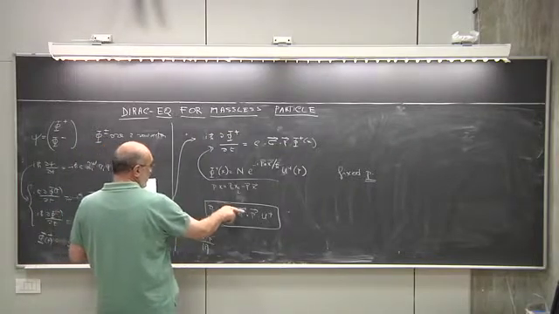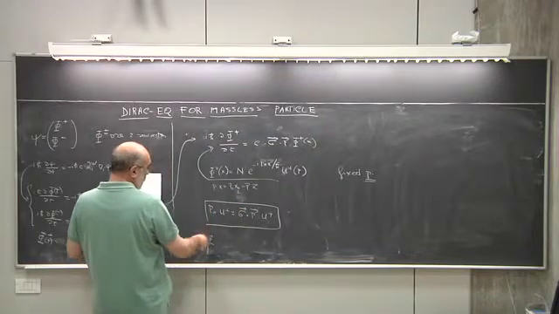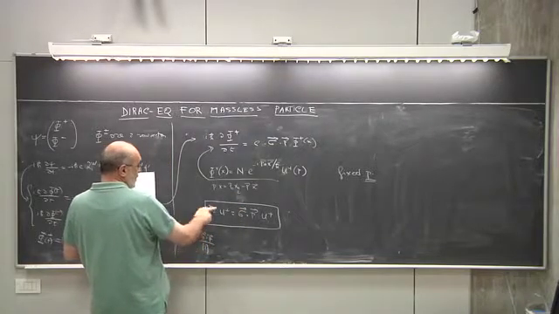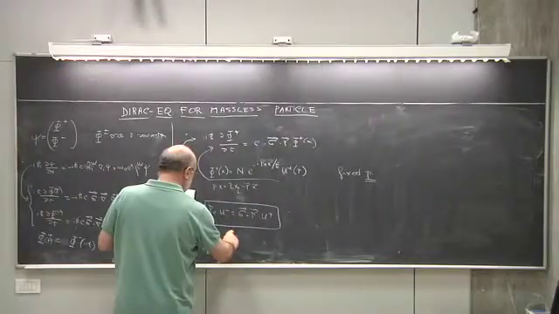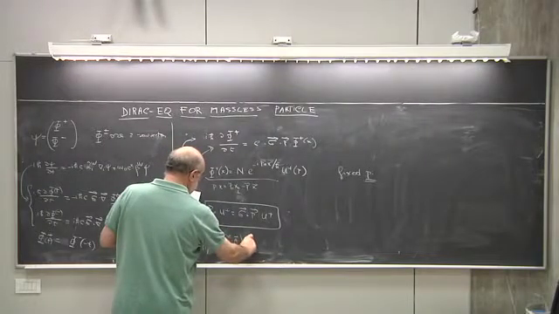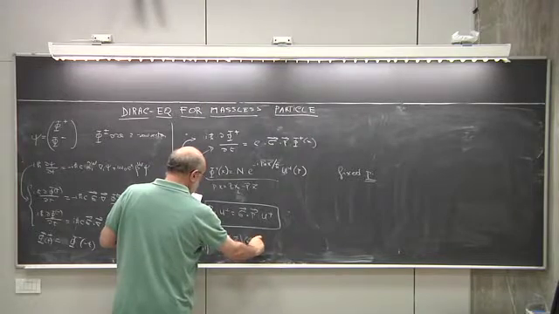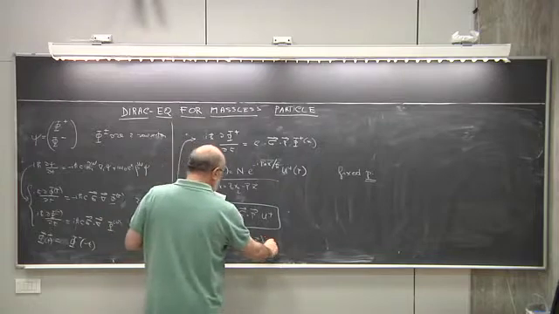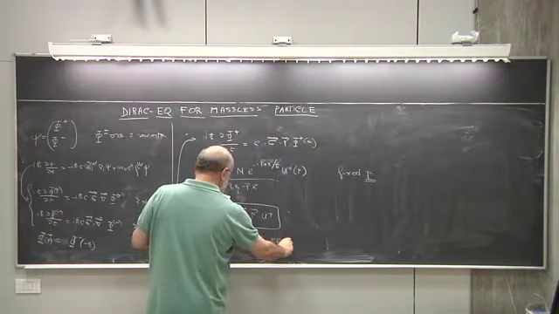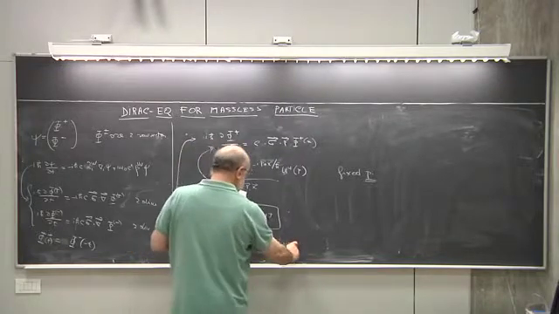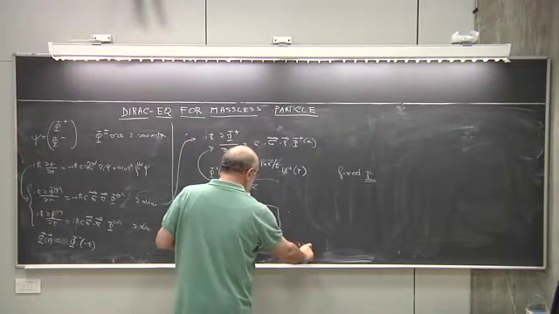On this side I have this object, and on the other side I have σ·p and here σ·p. Then use the famous formula that tells you σ·A times σ·B is equal to A·B plus iσ·(A∧B).